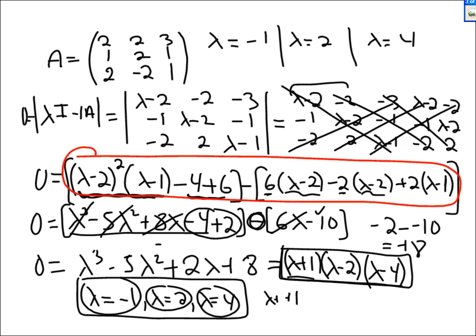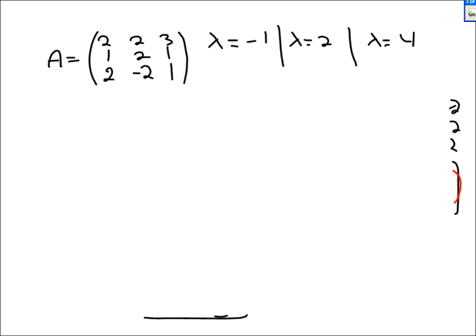So now, one by one, we are going to find the corresponding eigenvectors. First, you find the eigenvalues. Then, for each eigenvalue, you go back and you find their eigenvectors. Okay. In a moment, once the eraser clears, we'll start on that.